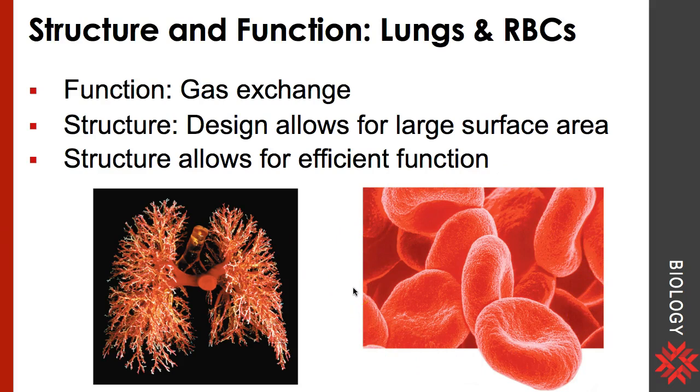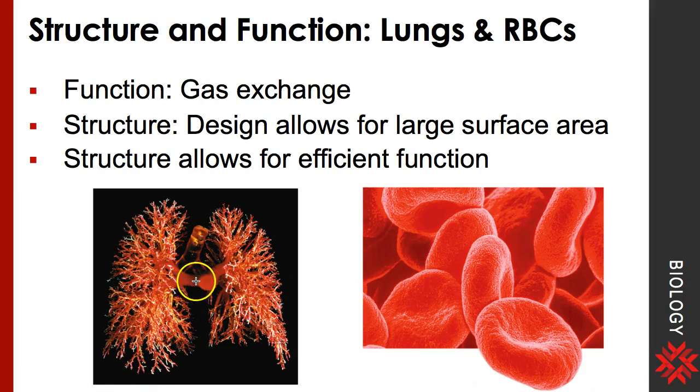We'll see here that the structure of these components relates to its function, and in particular increases the effectiveness or efficiency of the function. Of course, the function for both the red blood cells and the lungs is to increase the efficiency of gas exchange.